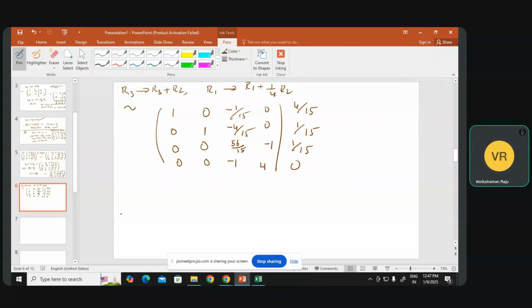Okay. Now the next thing is that I need, so we got the second column in the required format. Next is I need this position 1. So the operation will be done on R3. R3 goes to 15 by 56 R3 because I'm reciprocating it so that I get a 1 here. So we get, this is as it is.